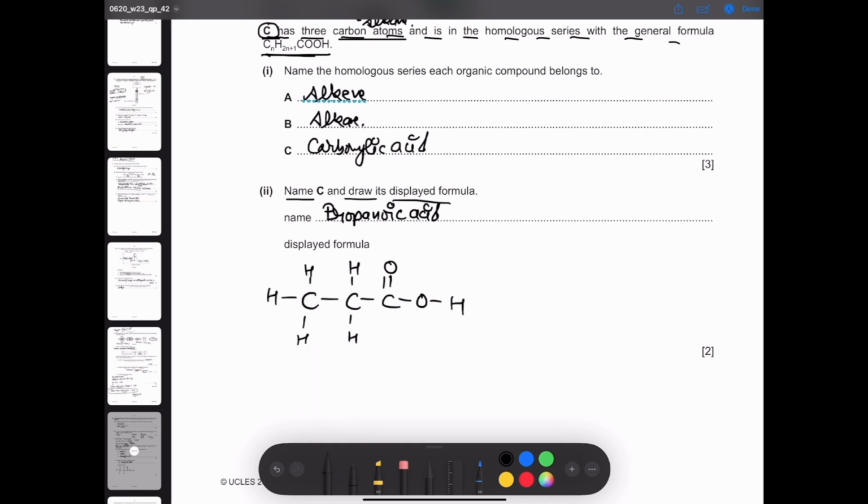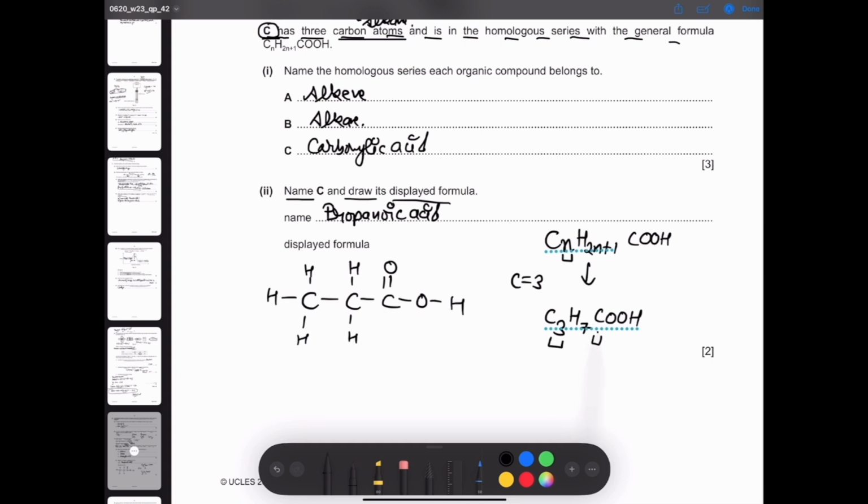Now, I'll tell you the mistake a lot of students make. They remember the general formula CnH2n plus 1 COOH, and it is also given. Now, what they will do is, oh, the question is saying there are 3 carbon atoms. So, in place of n, they will end up substituting 3. So, this will be C3H7 COOH, right? Now, if you count in total, this is 4 carbon atoms.